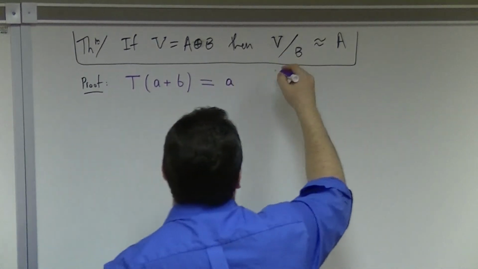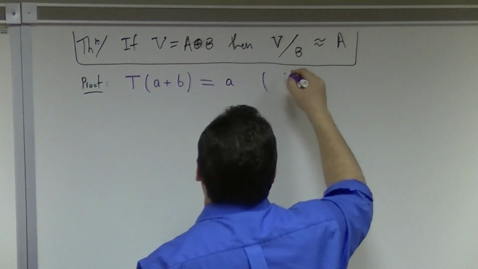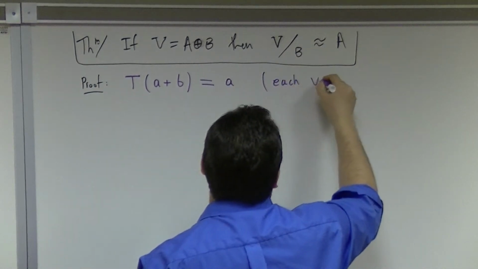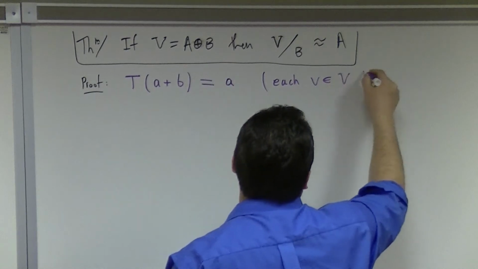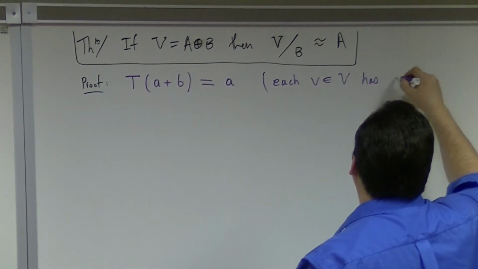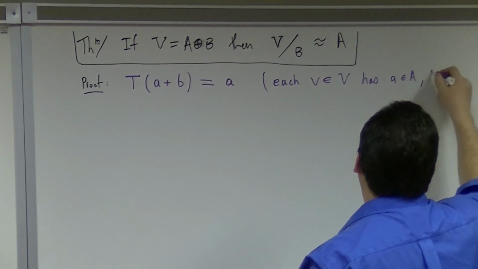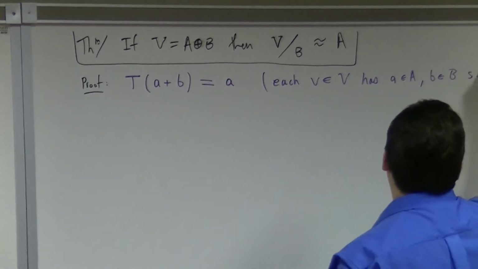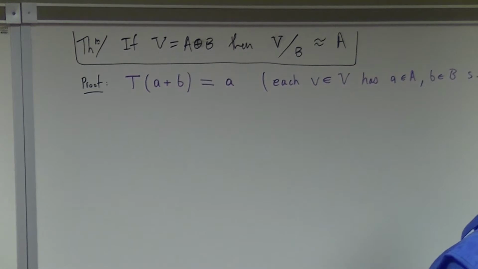Now here, I'm assuming that each V in A direct sum B has a unique a in A and b in B such that v is equal to a plus b. How do I know that?